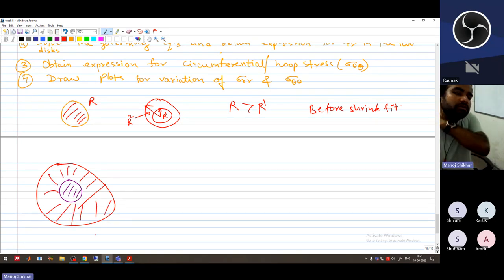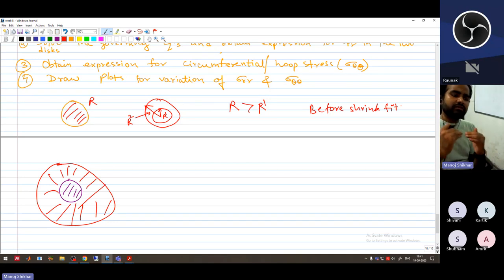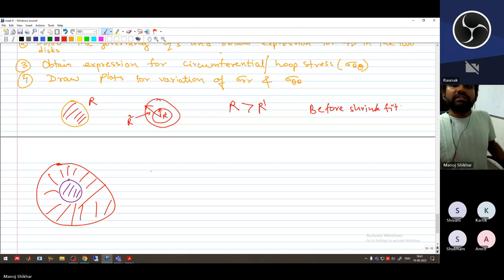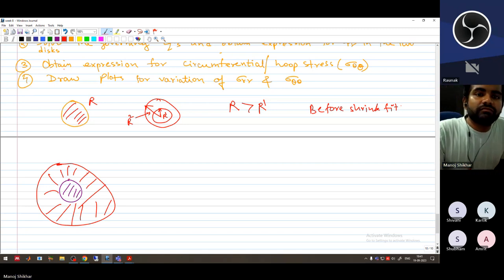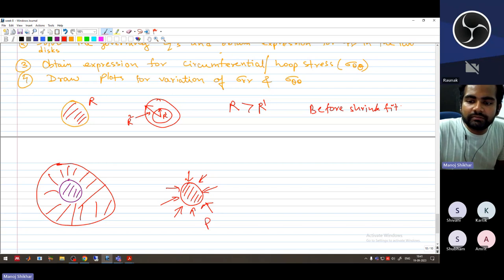Now, this hollow disk will apply some pressure on the solid disk, and the same pressure will be applied on the hollow disk by this solid disk. This pressure is unknown right now. So here we will have some unknown pressure applied. Let us denote that by P star.